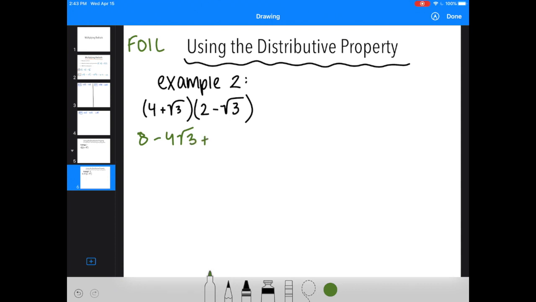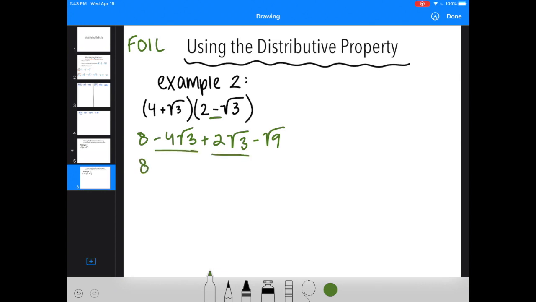Inside is going to be square root 2 times 2, which gives me 2 square root 3. And then my last is going to be square root 3 times negative square root 3. So that gives me negative square root 9. So you cannot drop that negative sign there. Be careful.